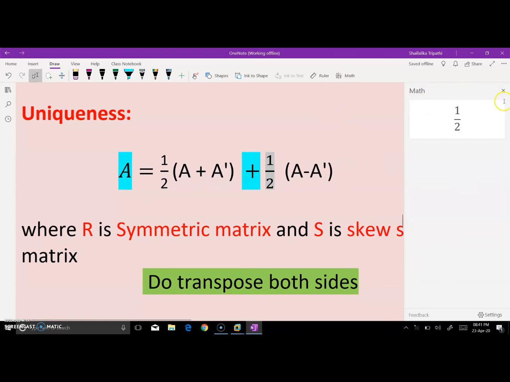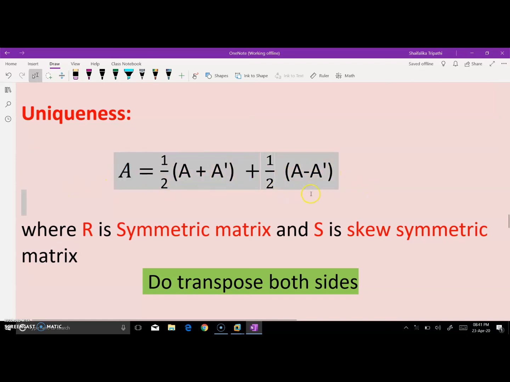Yes, students, as we have already discussed, any square matrix is equal to the sum of a symmetric plus a skew symmetric matrix, and we have proved that this is a unique expression. We cannot express it other than this. All right, so I hope you are getting all the theorems. So thank you so much.